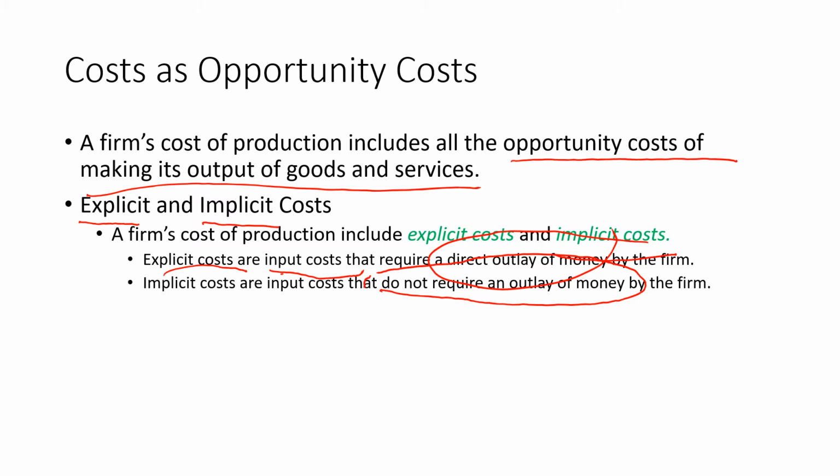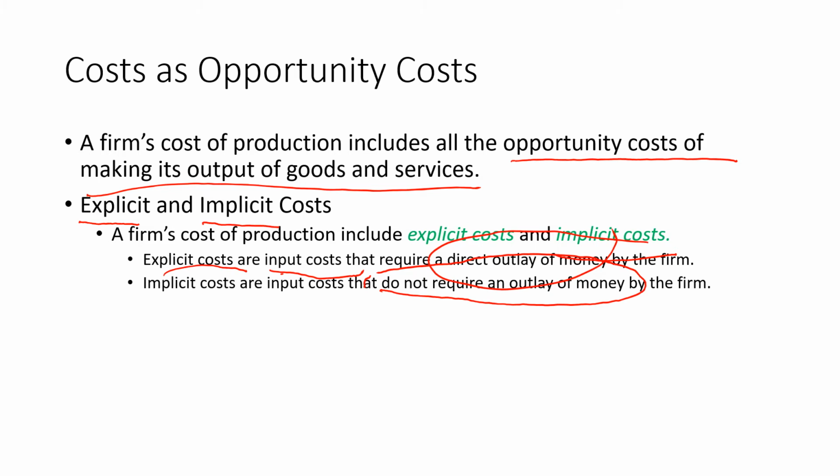The total cost, that is the opportunity cost, includes the explicit costs that are paid in the form of money, and implicit cost that does not require any money paid. That is exactly like the concept of opportunity cost that we understand.